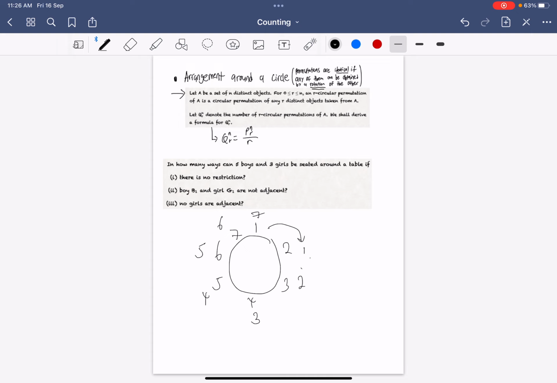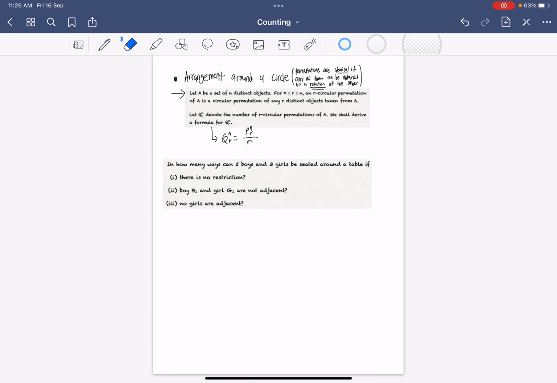And so for each arrangement, it is actually repeated 7 times by the rotations. And so each arrangement actually corresponds to 7 arrangements. So if you arrange them in a row first, you need to divide by the number of objects, because the number of objects denotes your rotation.